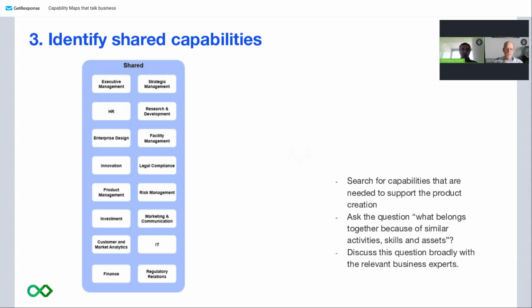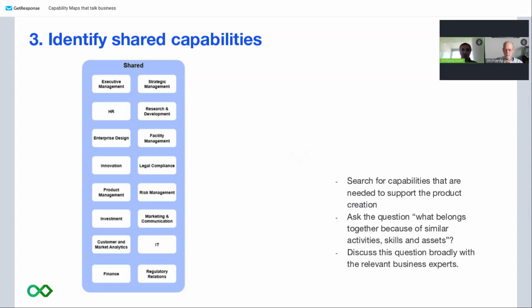With capabilities, we want to bring the idea of business components back to the business side. And the third step, maybe an easier one, is shared capabilities or support capabilities, support processes. The topic has been around for decades.